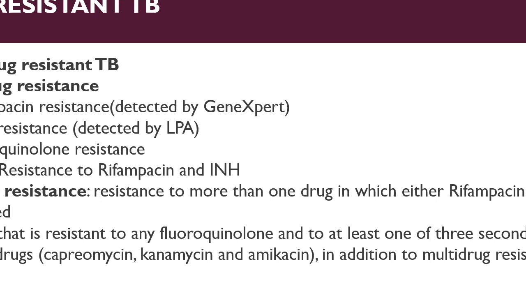Then we have XDR-TB, that is resistant to fluoroquinolone and at least one of the second line injectable drugs, but this definition is also modified now, and it is resistance to fluoroquinolone plus resistance to any of the group A drugs used for the treatment of drug-resistant tuberculosis. The group A drugs include levofloxacin, moxifloxacin, bedaquiline, and linezolid.